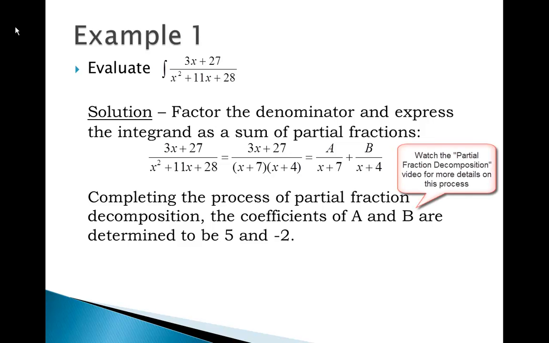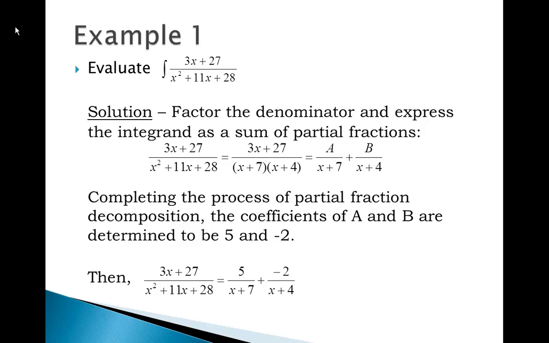Completing the partial fraction decomposition process, we find that the coefficients of a and b are 5 and -2. So we know that we can rewrite 3x plus 27 over x squared plus 11x plus 28 as 5 over x plus 7 plus -2 over x plus 4.